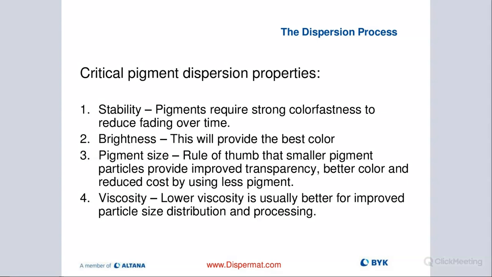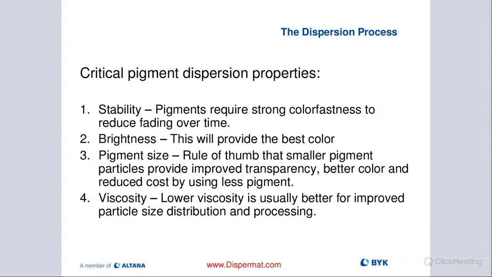So it's really important to remember that we want to have good stability. Pigments do require strong color fastness to be more stable and help with the fading over time. Generally, the brighter our color, the better the color will look. And then pigment size is a big contributor.